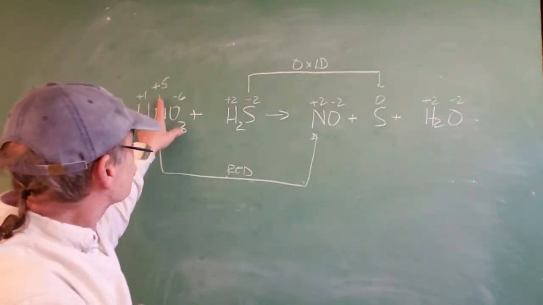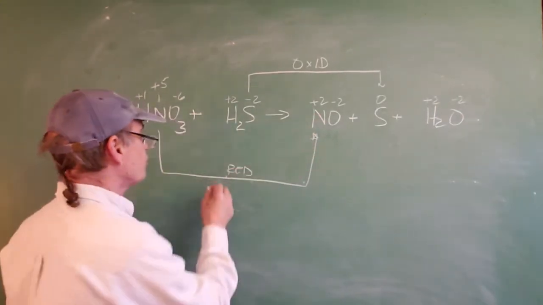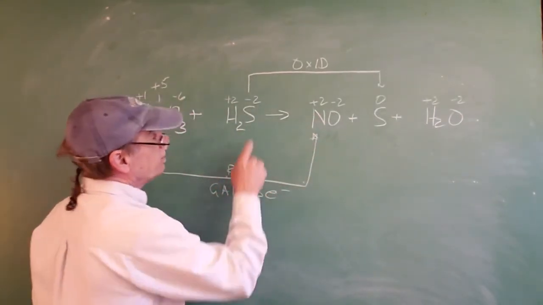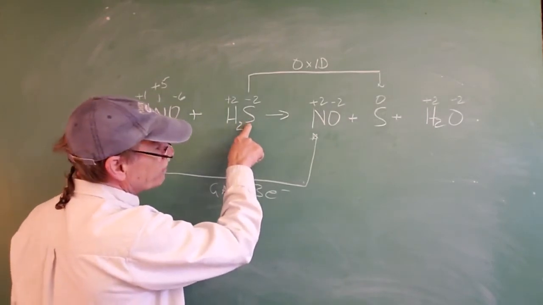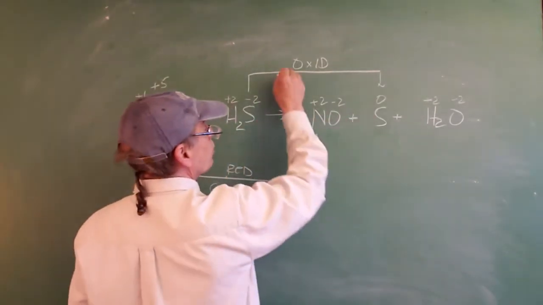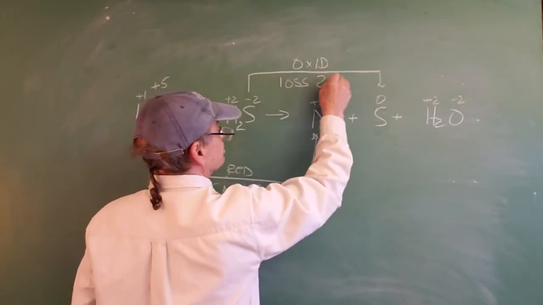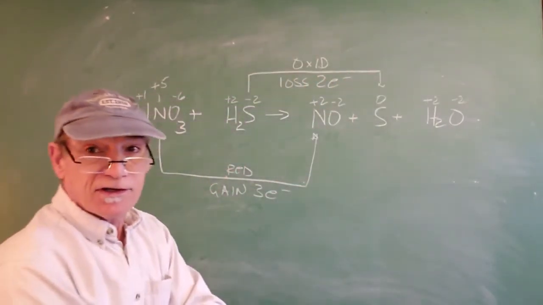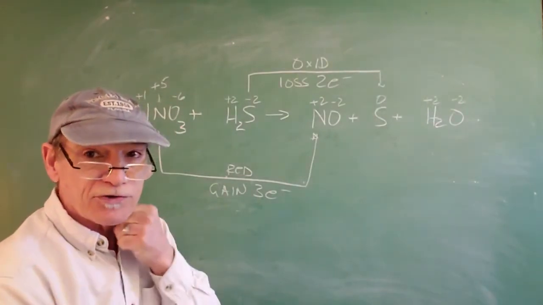All right, well, my reduction from +5 down to +2 was a gain of 3 electrons. But my oxidation of the sulfur from -2 to 0 was just a loss of 2. Well, again, this is where we have to balance the oxidation reduction part of the reaction.